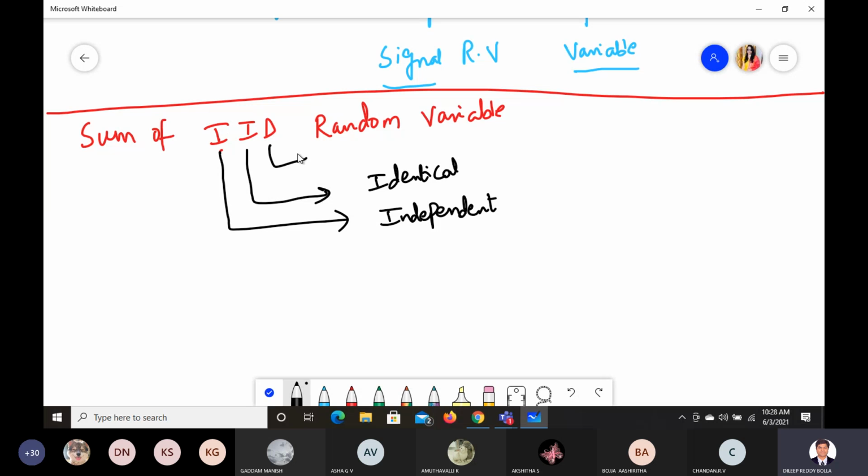This D stands for what? Distributed. So independent, identically distributed random variables.